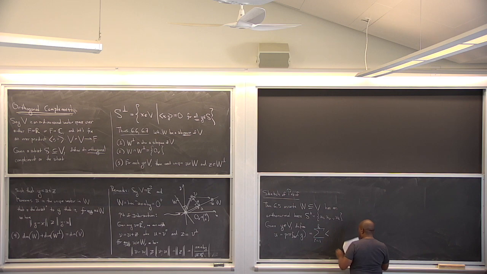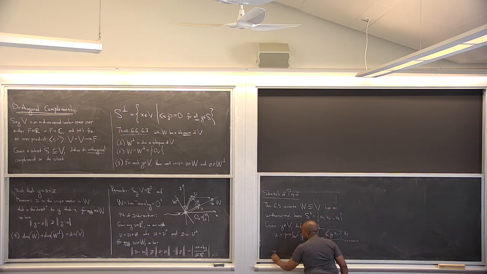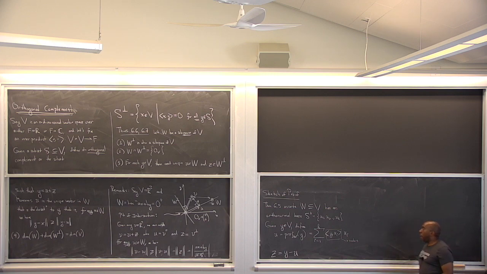So here I'm going to take the inner product of y and ui times ui. So remember that these here are scalars. And then let's define z as y minus u. Okay, so again, given a y, I'll make these two definitions here.